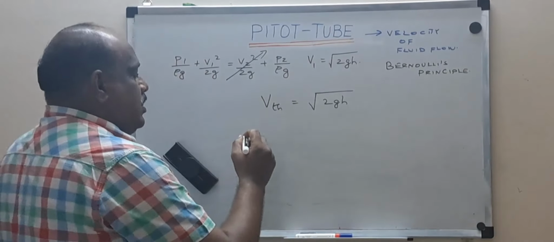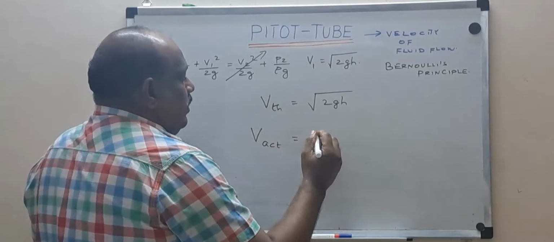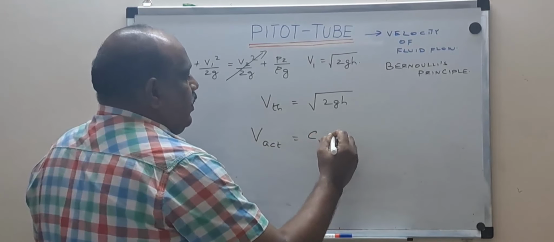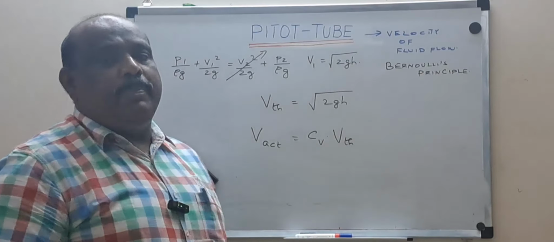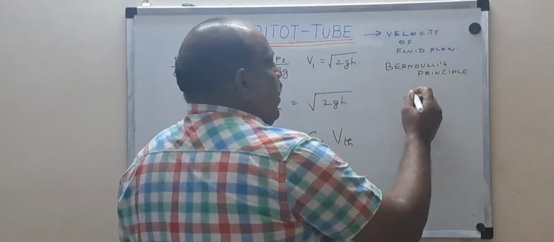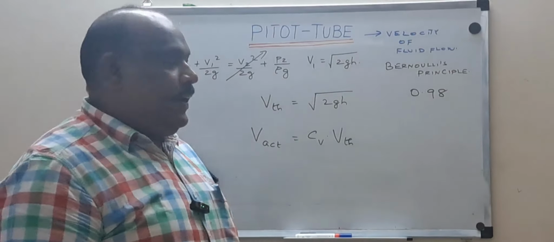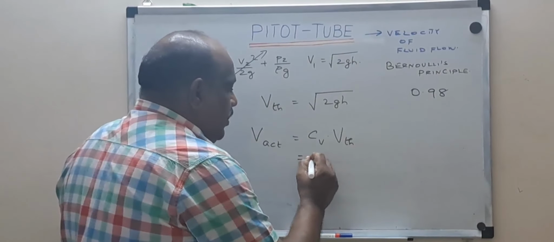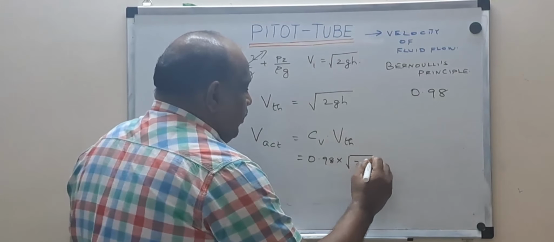So how to find the actual velocity? V actual is equal to Cv into V theoretical, where Cv is the coefficient of the Pitot tube. Generally its value is close to 1, but not 1. It is 0.98. So Cv is 0.98 into square root of 2gh.